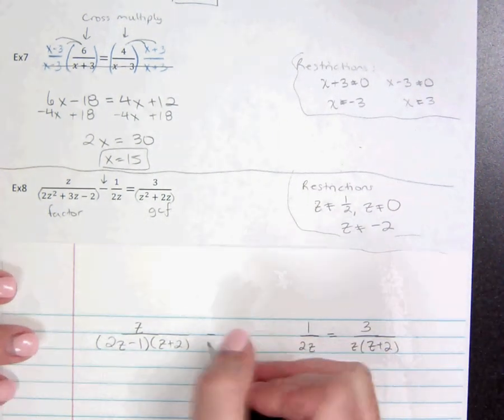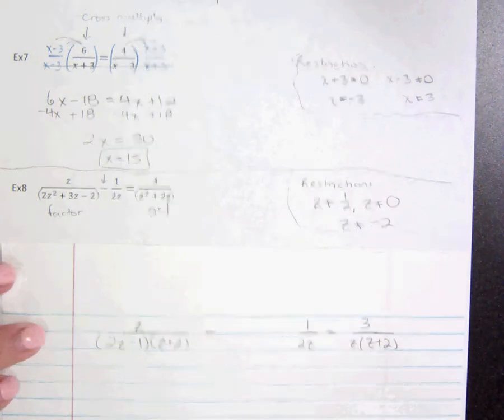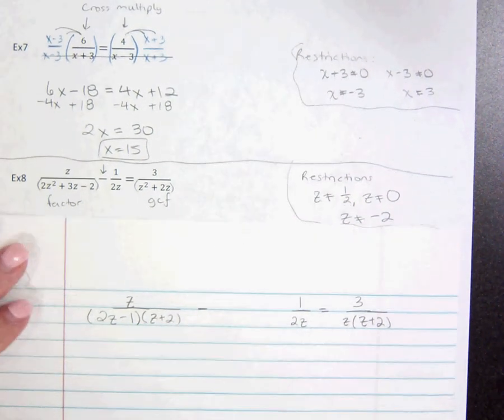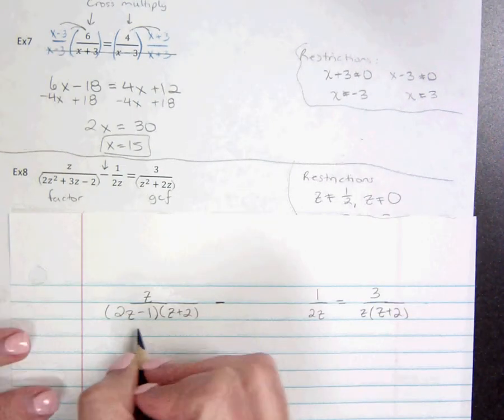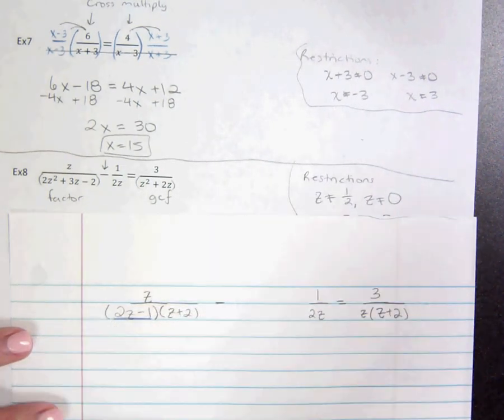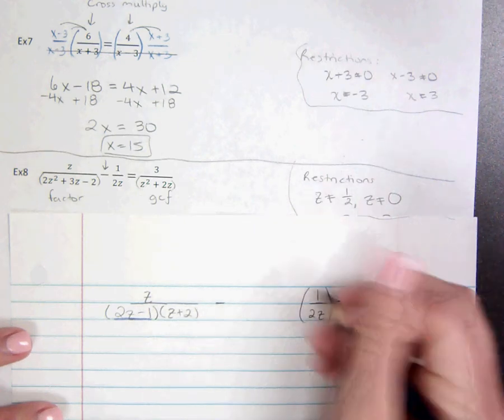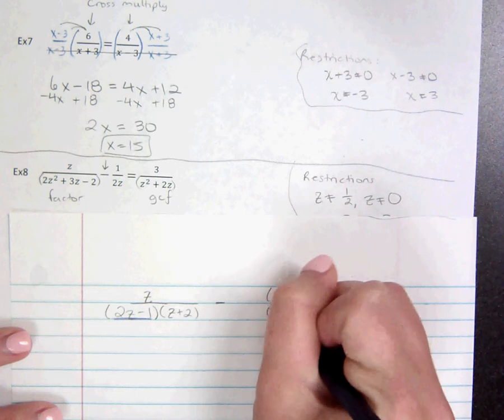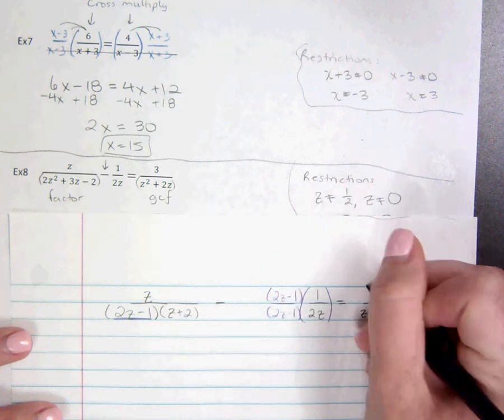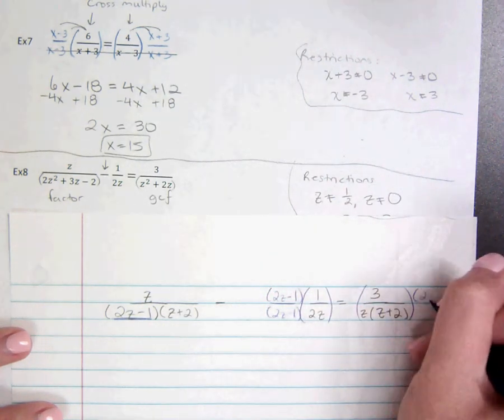So now that everybody's factored, I want to make sure that minus is nice and bold there. Colored pencils come in very handy for this one. We have 2z minus 1 on the first one, but the middle one does not have 2z minus 1. And the last one does not have 2z minus 1.